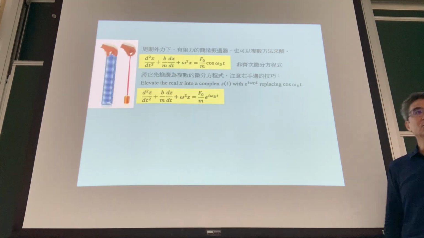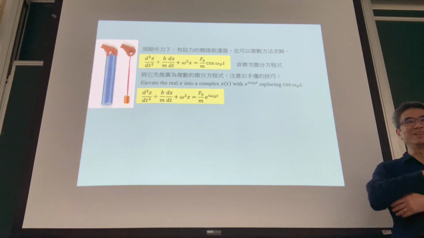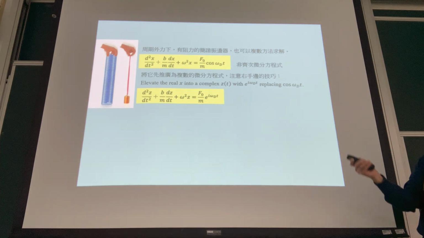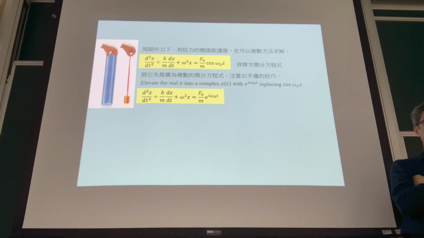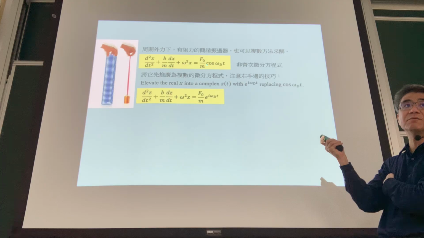You may ask, could the same method be applied to the inhomogeneous version of simple harmonic motion, the so-called forced oscillation? The answer is yes. But usually it is easier if this external force is a cosine function.